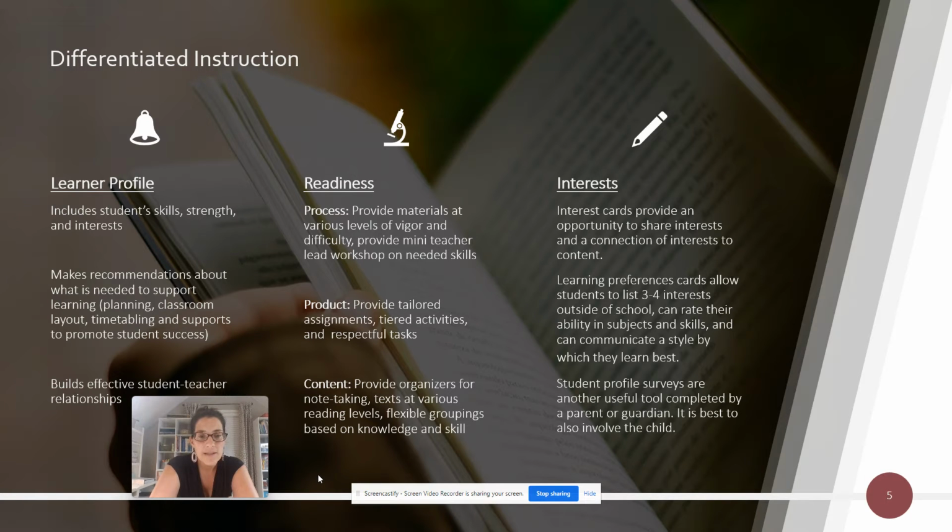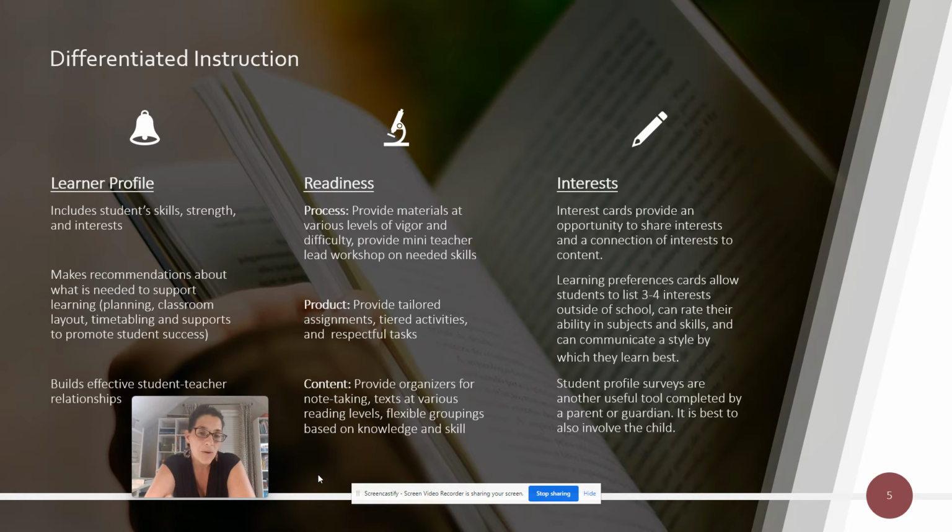Differentiating by process would mean that we're providing materials at various levels of rigor and difficulty. We may identify a more detailed mini lesson for a student who may be missing some more foundational skills.